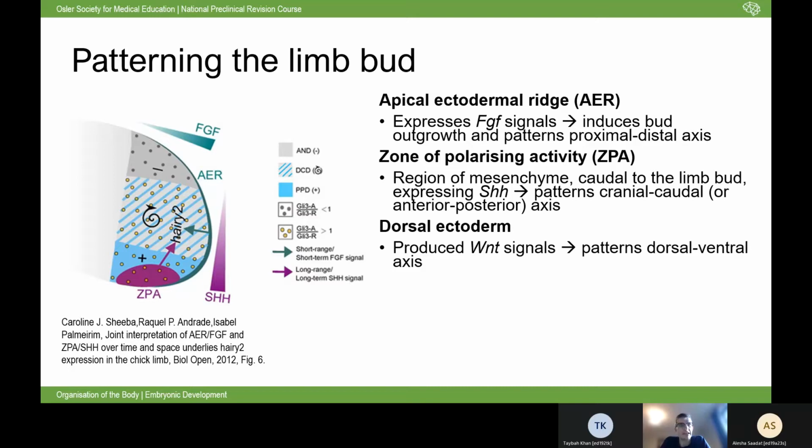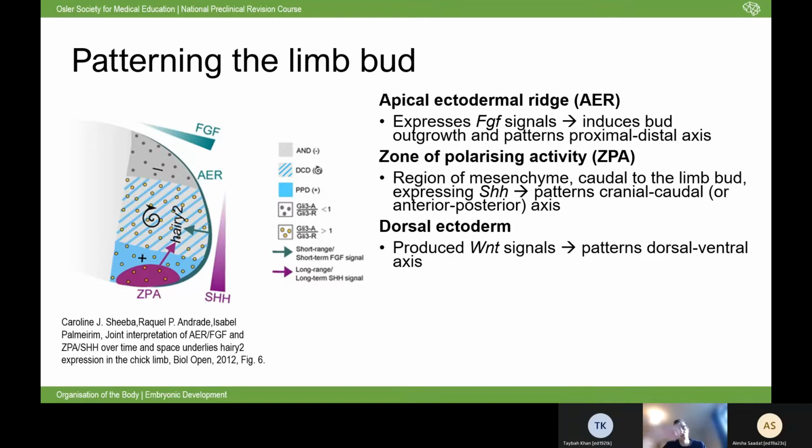We have 3 centres, and they each produce chemical morphogens. Morphogens are, as I said, chemicals, diffusible molecules that elicit different effects on cells depending on the concentration that they are received at. So it means that you can have an area, a patterning centre, secreting these signals.